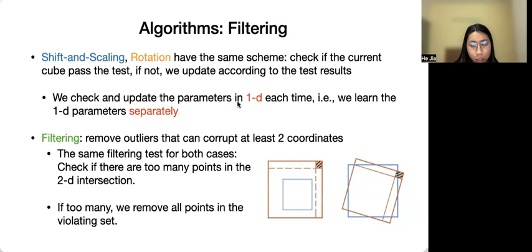Now, we may have the question: why can we do this in a single direction? If we add them up, can the error explode? Yes, that can be the case.